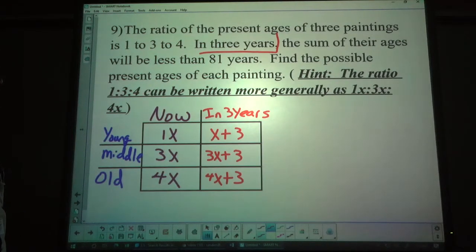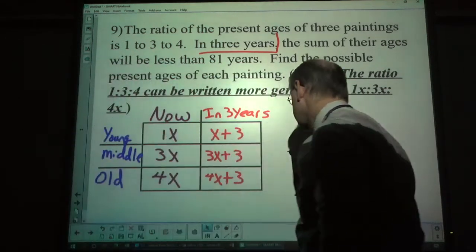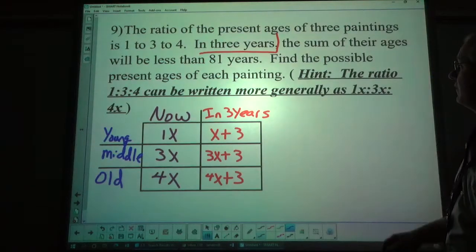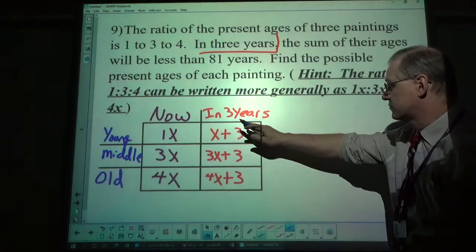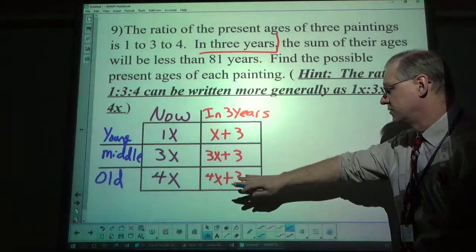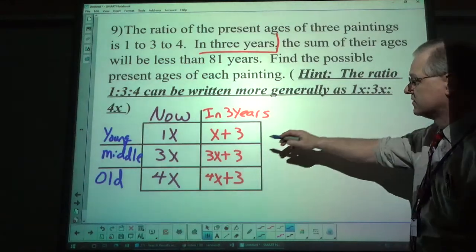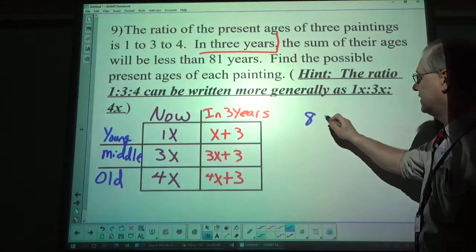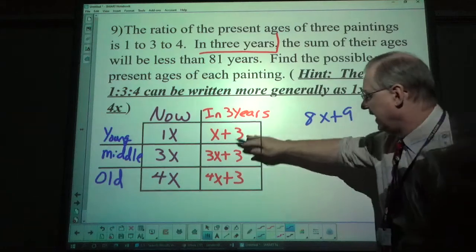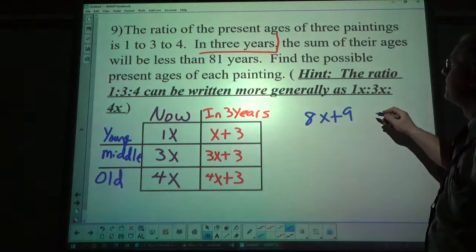The sum of their ages will be, is, less than 81 years. The sum of their ages, x plus 3 plus 3x plus 3 plus 4x plus 3. So that would be 8x plus 9 if I add these up.